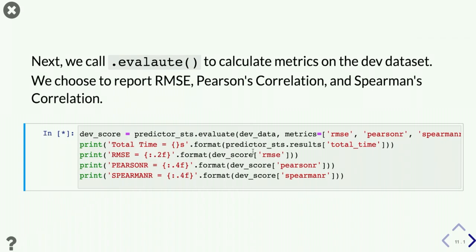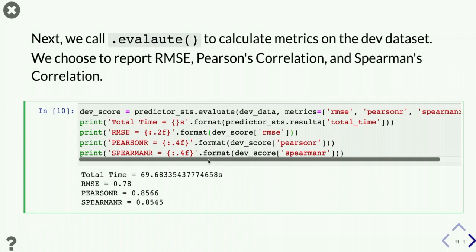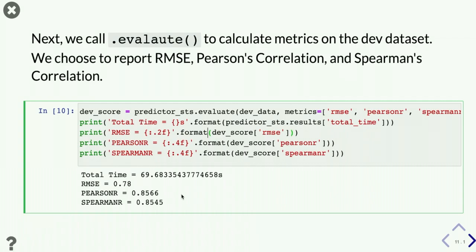Now we can see the results of this predictor. The RMSE is 0.78, the Pearson correlation is 0.85, and the Spearman correlation is also 0.85.